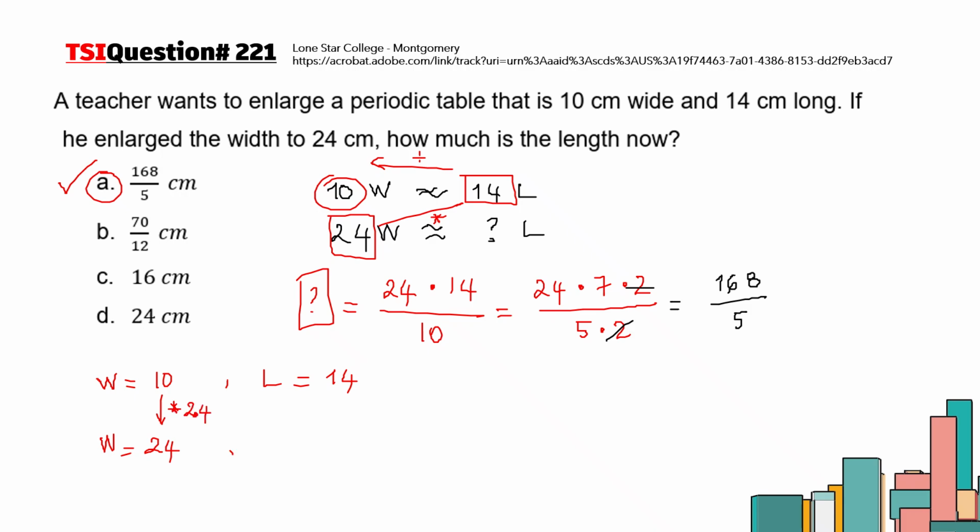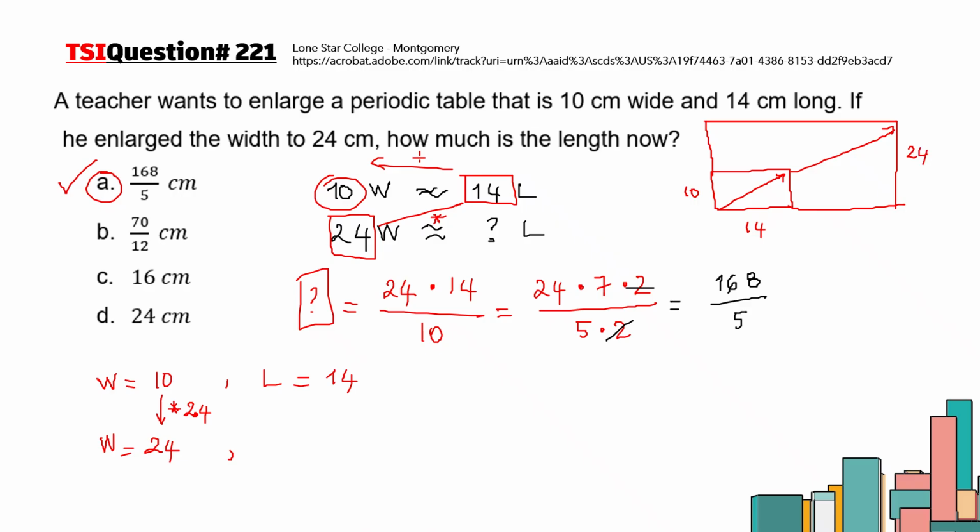So this is like 10 and 14, and now it is enlarged, so it becomes 24.